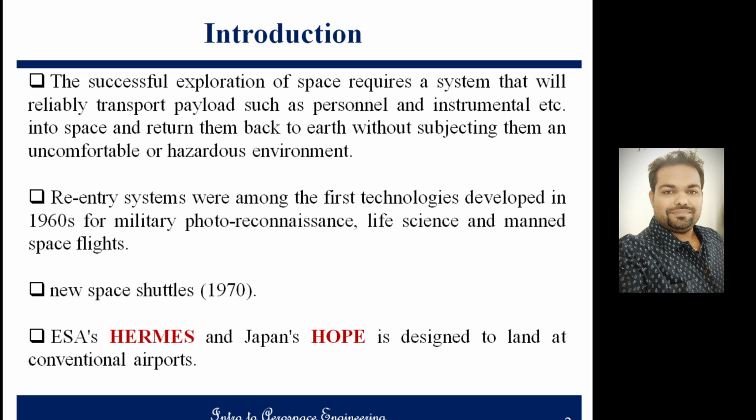This collaborative work is going to end by 2029, and we expect to be ready by then with the future spacecraft. Next is Japan's HOPE. HOPE was a Japanese experimental space plane project designed through a partnership between the National Space Development Agency and the National Aerospace Laboratory of Japan.